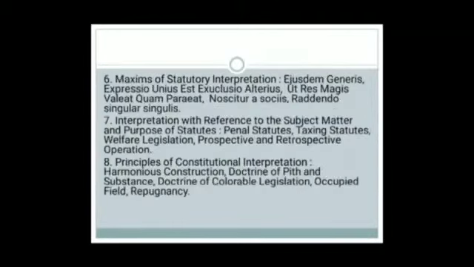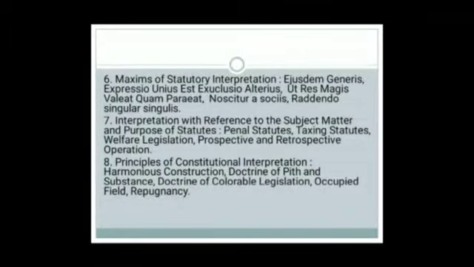Then after the 5th unit, in the 6th we'll be doing the maxims of statutory interpretation. These maxims will be ejusdem generis and so on. There are many, like noscitur a sociis, reddendo singula singulis. After maxims, we'll be doing interpretation with reference to subject matter and purpose of statutes: penal statutes, taxing statutes, welfare legislation, prospective and retrospective operations, principles of constitutional interpretation, harmonious construction.